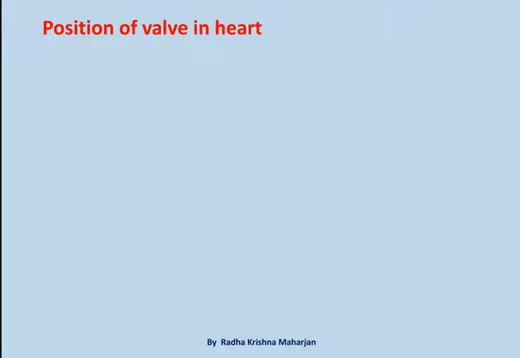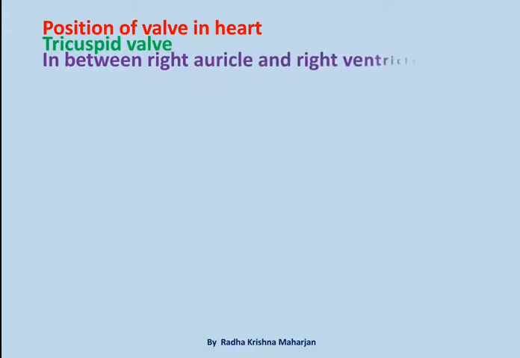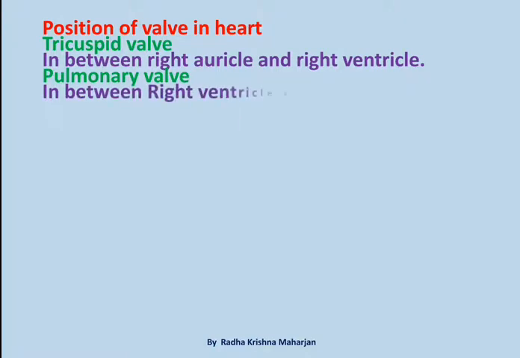Position of valve in heart. Tricuspid valve: in between right auricle and right ventricle. Pulmonary valve: in between right ventricle and pulmonary artery.